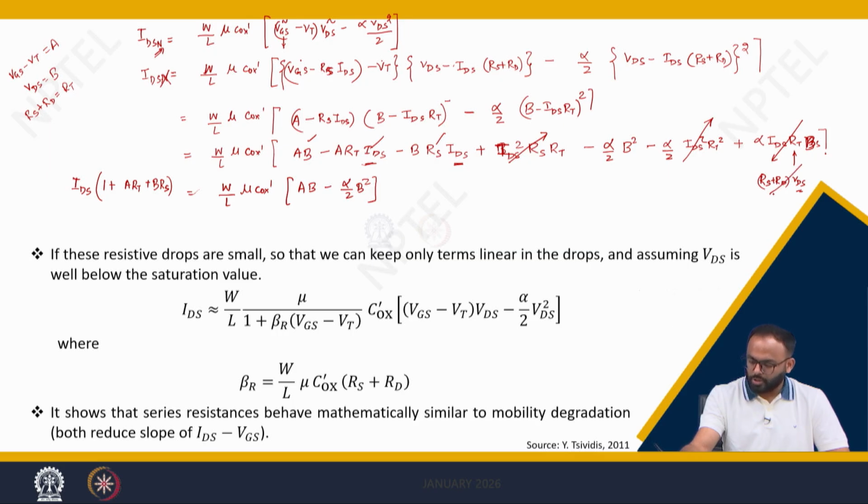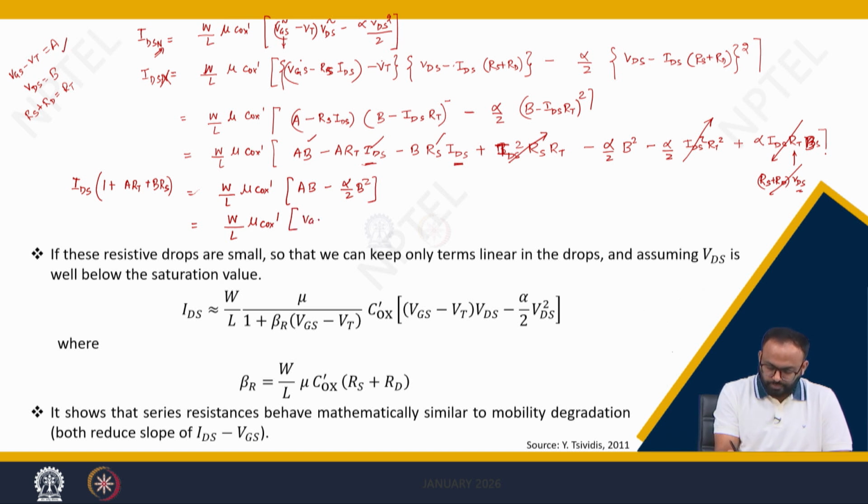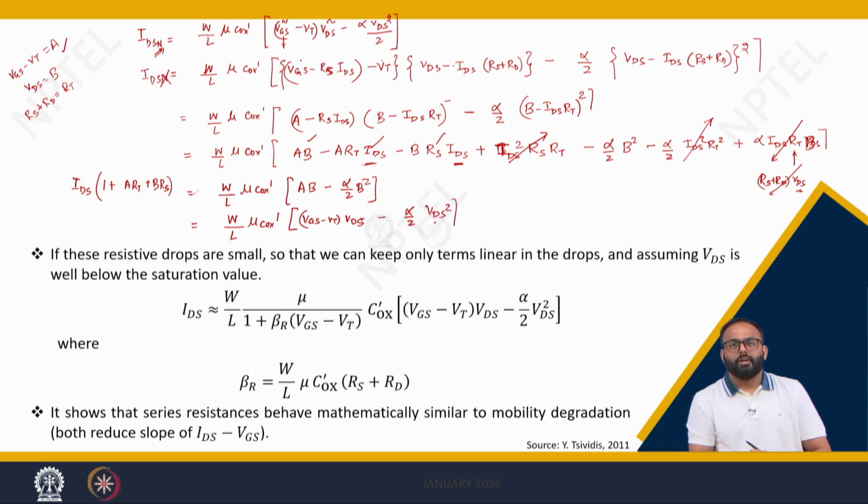This term is also ignored because VDS is very small. So the right hand side term is nothing but W by L mu into COX dash into A, which is VGS minus VT, and B, which is VDS minus alpha by 2 VDS square, right.